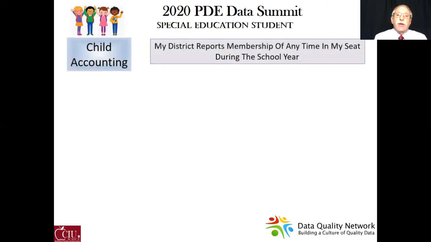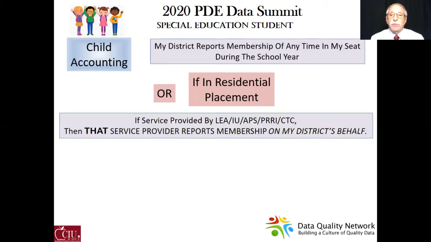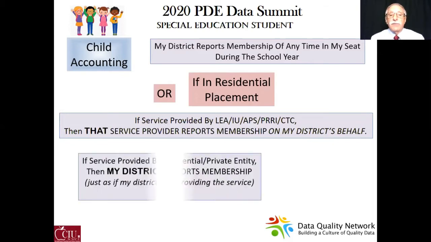All right, let's look at child accounting. Anytime the child is in my seat during the school year, my district reports. But if the child is in residential placement, similar to a previous slide, if the service is being provided by someone who reports to PIMS, like an LEA, IU, APS, etc., that service provider reports the membership on my district's behalf.